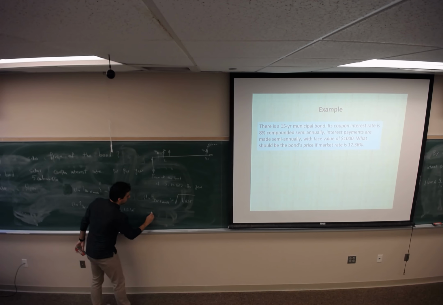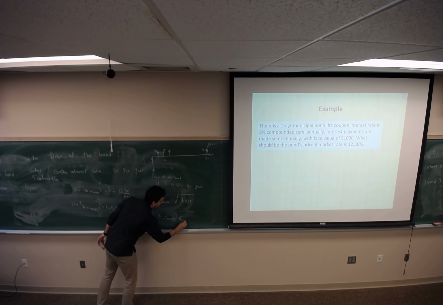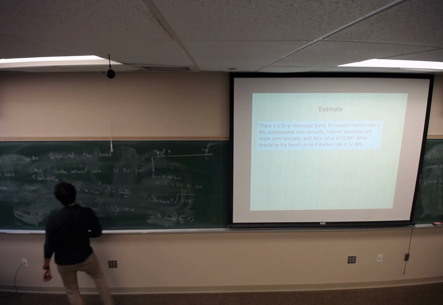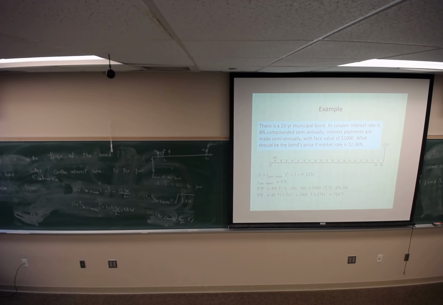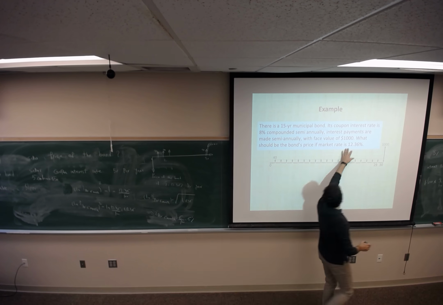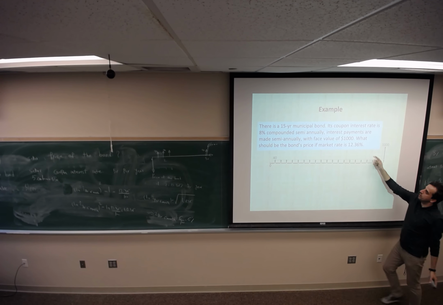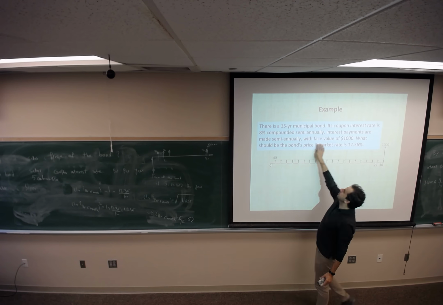Then if you calculate that, i per 6 months would be 6%. So this interest rate per year is gonna have an equivalent or effective interest rate per 6 months of 6%.